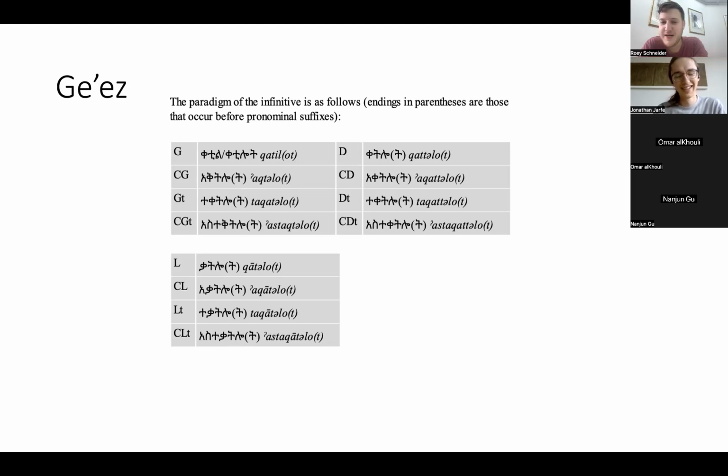Yep, that's a good question because it's kind of a chicken and egg situation. In modern Ethio-Semitic languages, these three boxes, the G stems, the D stems, and the L stems, are completely lexical. So it's not like you can derive an L stem from a G or a D stem from a G. In Ge'ez, I don't know.